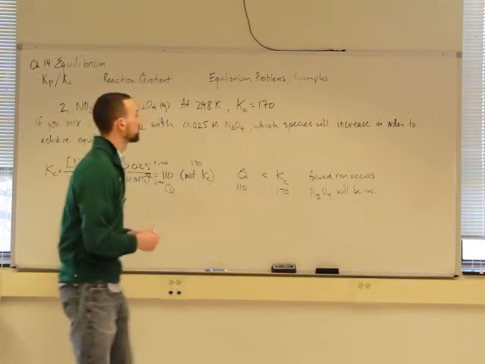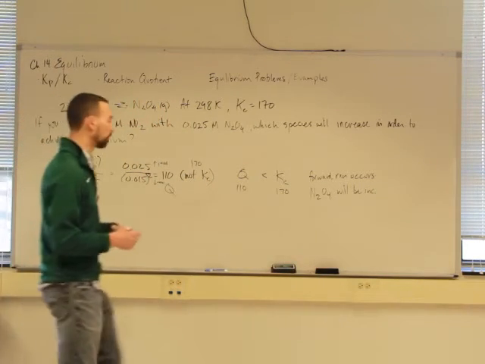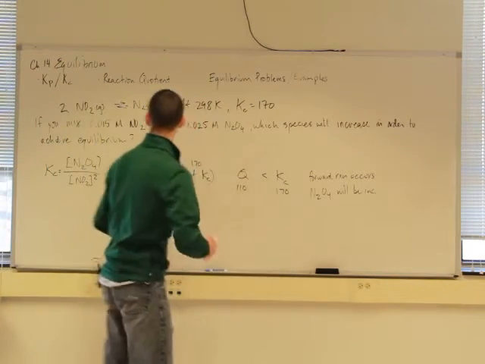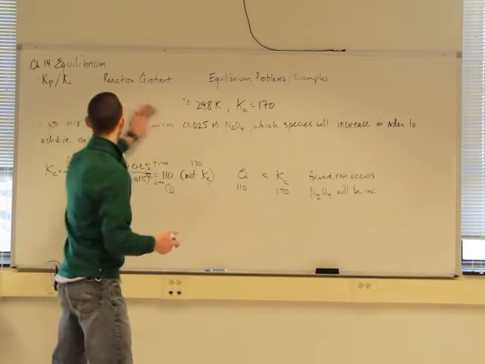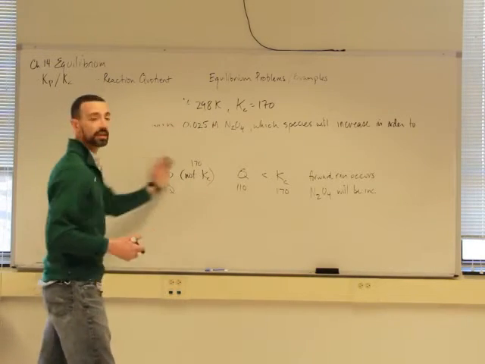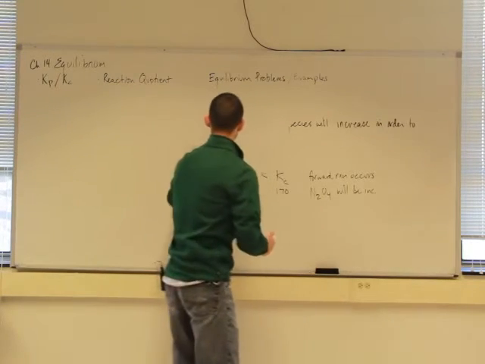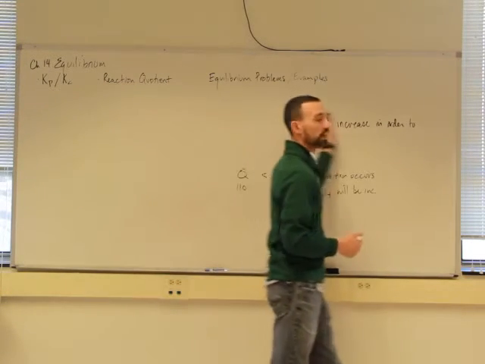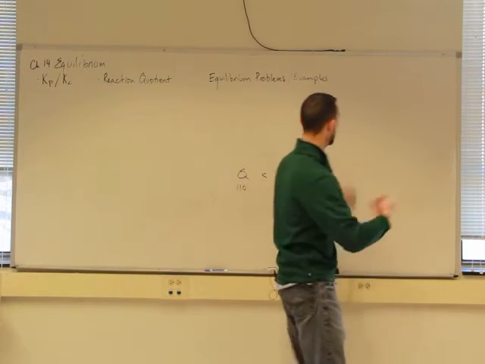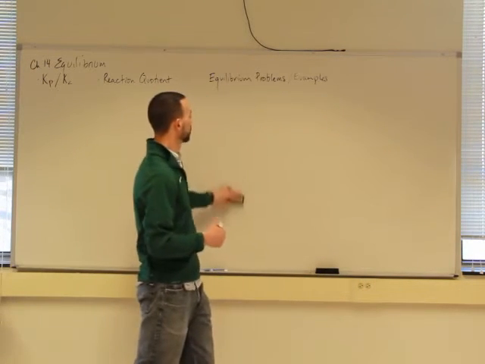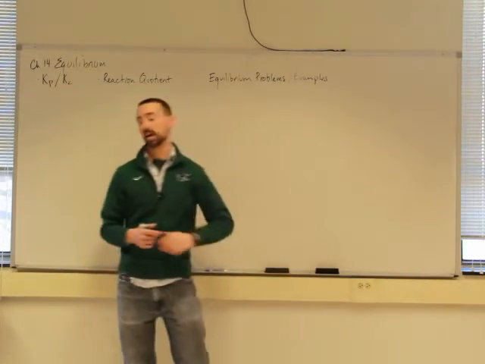All right? So that's how we can use this reaction quotient. It's helpful in finding experimental equilibrium constants because we know it becomes the equilibrium constant over time. But it's also helpful in understanding what will happen when we mix certain quantities of chemicals in a reaction.